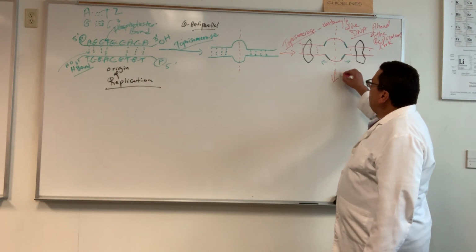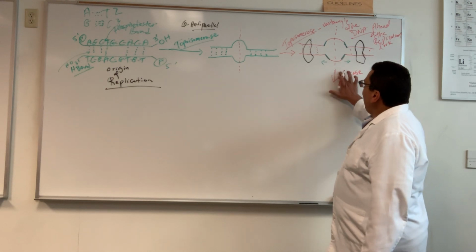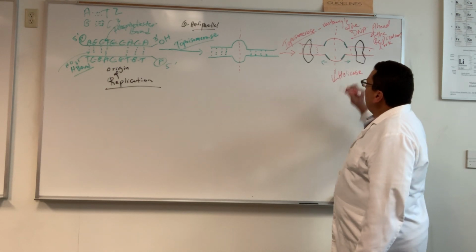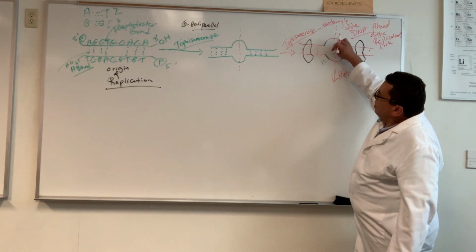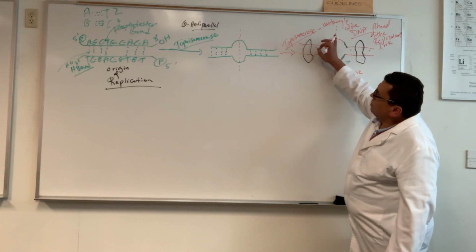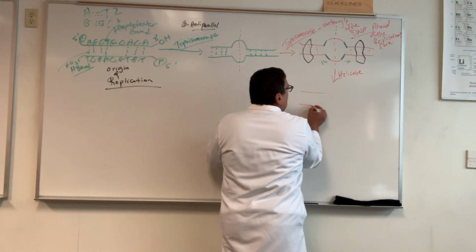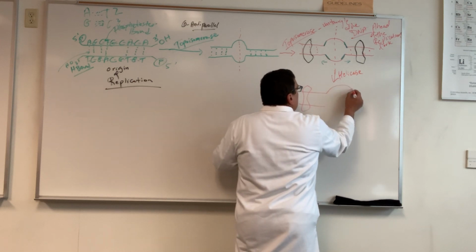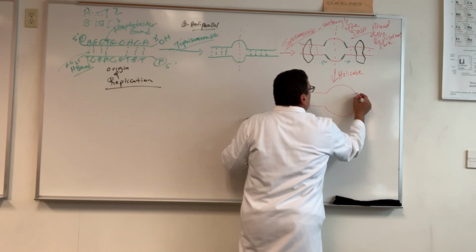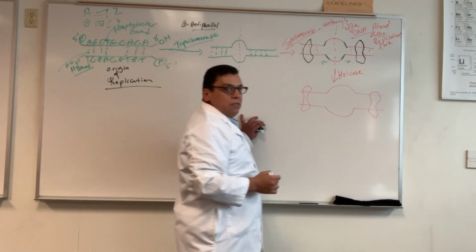Then comes another enzyme. The next enzyme in line is called helicase. Helicase is the next one in line. And that guy is going to come in and sit right here and break the hydrogen bonds. So it's going to look like this. You have the untangler sitting here, and here's the bubble, and here's another untangler, the topoisomerase.